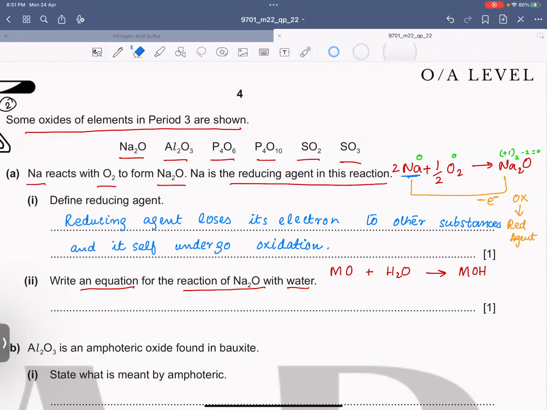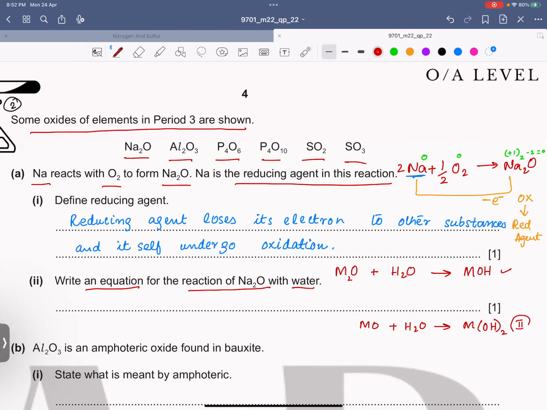Metal oxide reacts with water to give metal hydroxide. This can be a general equation for group 1, M2O. If it's a metal oxide of group 2, then it would be MO, where M is replaced by the symbol of the metal. When it reacts with water, we will get a metal hydroxide of this formula. So this is the general equation for group 2 metal oxides, and this would be the general equation for group 1 metal oxides.